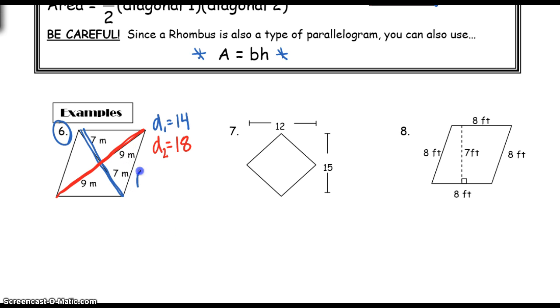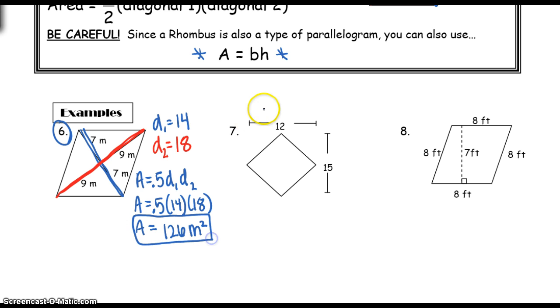So we know that the formula is half times diagonal 1 times diagonal 2. Our area is going to equal half times 14, times 18. If we type that up into our calculator and multiply it out, we get that our area is 126 meters squared because it is area, okay?